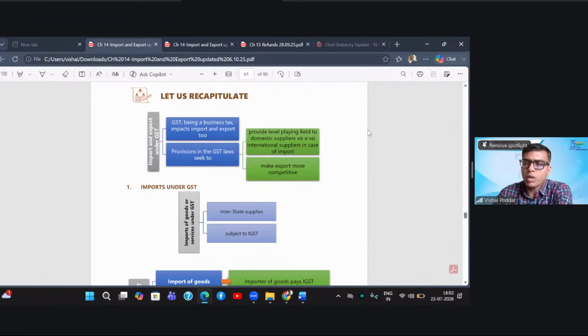So when we talk about import, it is limited to import of goods. When we talk about exports, we are only limiting ourselves to export of goods. This is when we are talking from the customs perspective.